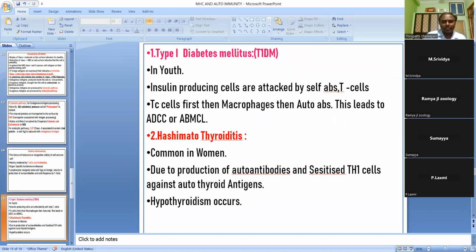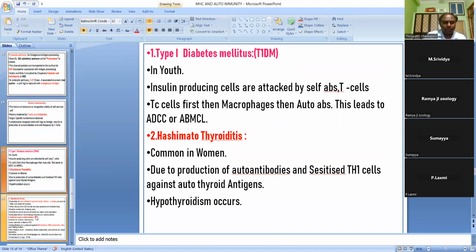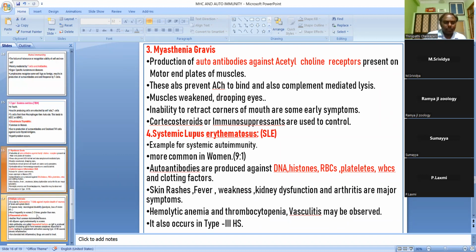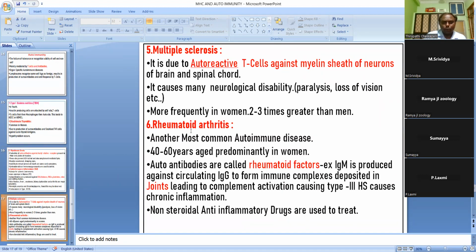Famous examples are Hashimoto thyroiditis, myasthenia gravis, systemic lupus erythematosus, and rheumatoid arthritis. These are the very famous autoimmune diseases. So that is about autoimmunity.